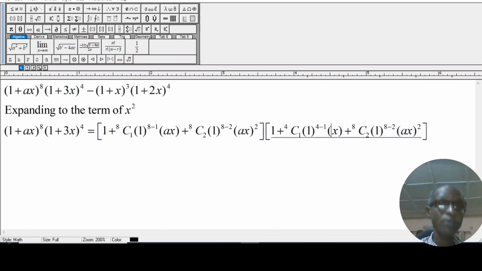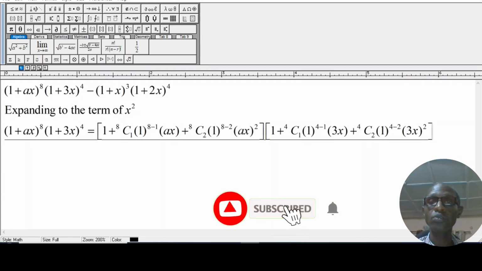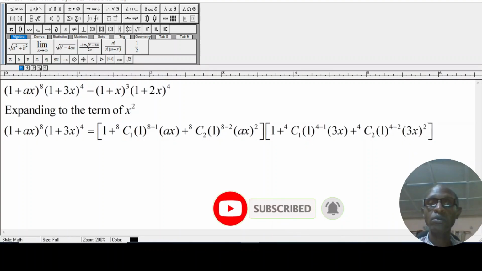Change this to 3. Just follow along. This is 4, and then this is 4. This is 3. So this is what you have for this.